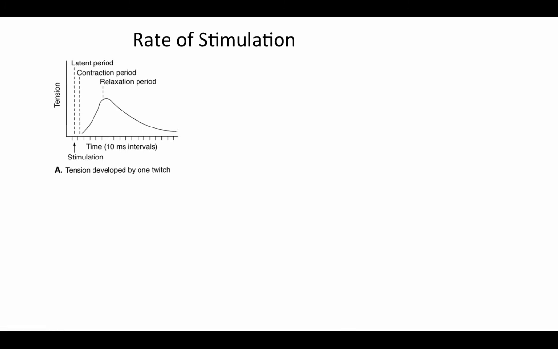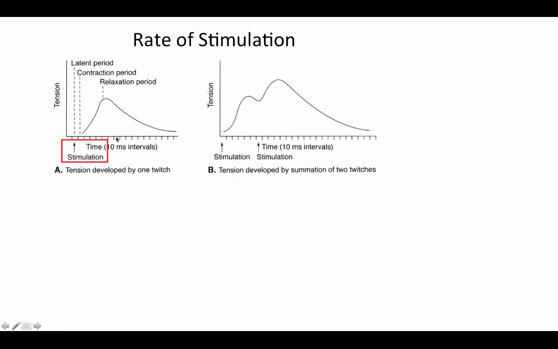But if you stimulate it more than once, so let's say you stimulate it a second time just as it's beginning to relax, you'll get something that looks like this. You stimulate it, the calcium's released, those cross bridges start to form, you get more and more tension, the calcium starts to be taken up, but then you get another stimulation with another release of calcium.